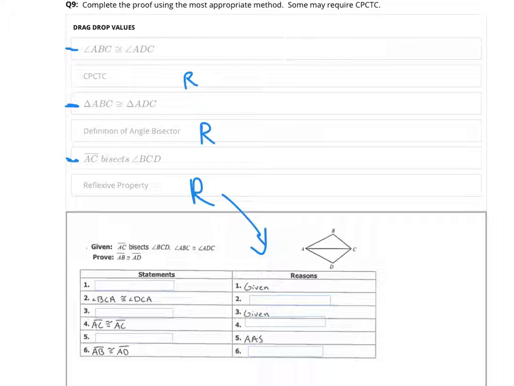Alright. Make sure you look at your given information first. And pay close attention to what Mr. Houston's already marked. This one, you are going to use the CPCTC. Okay, that is going to be used.